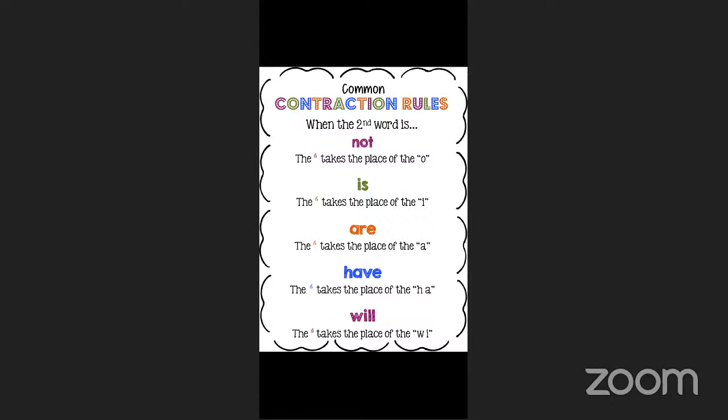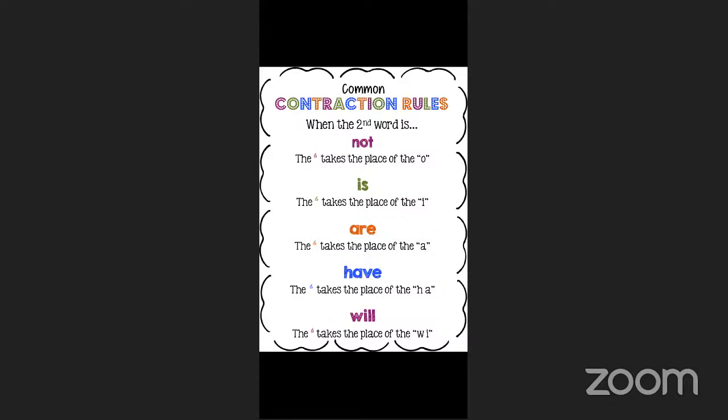When the second word is not, the apostrophe takes the place of the O. For example, when we say have not, haven't, the apostrophe is used in place of O. We remove the O there.